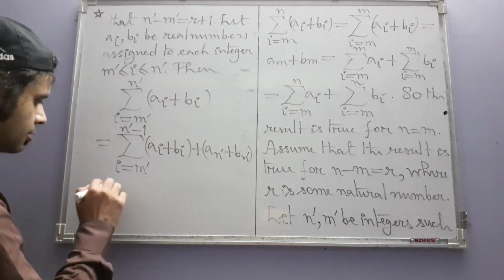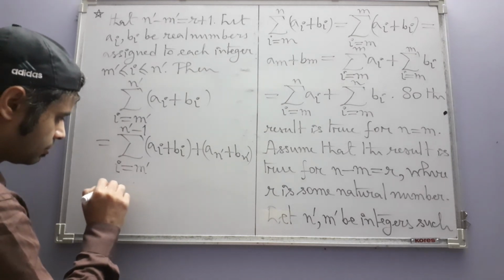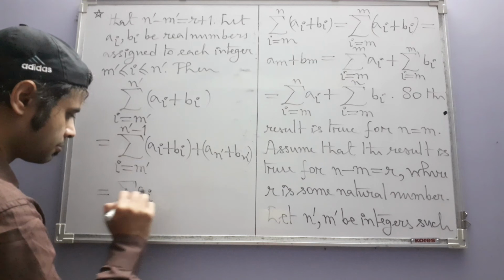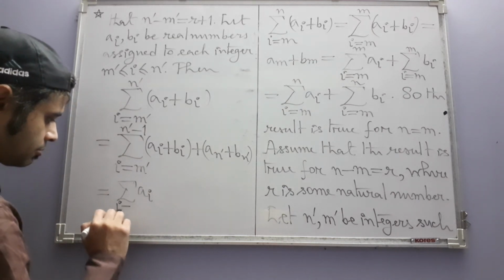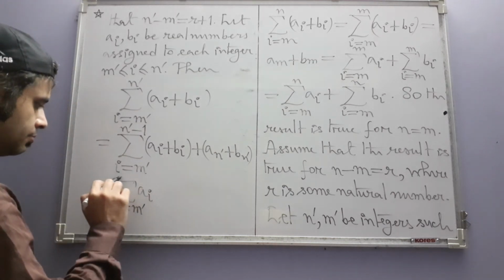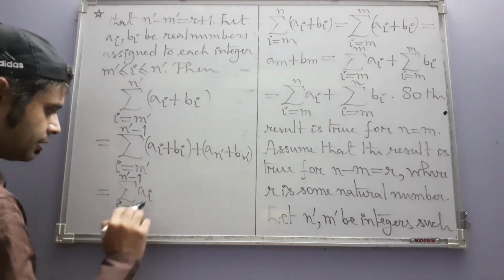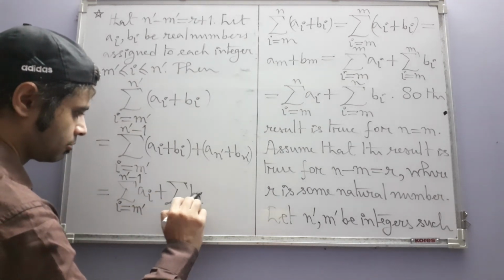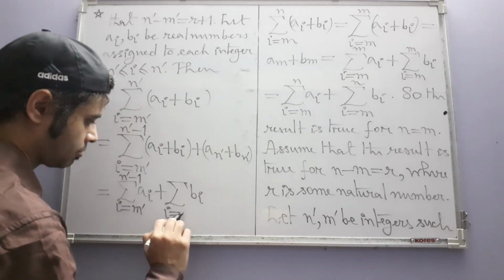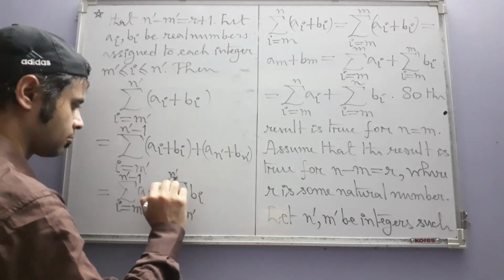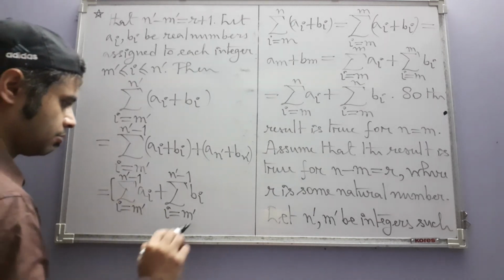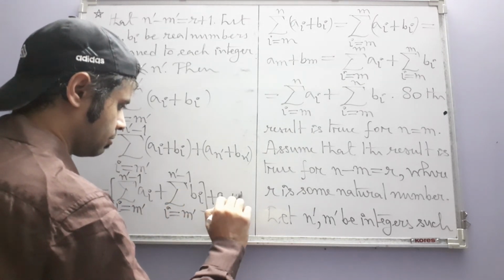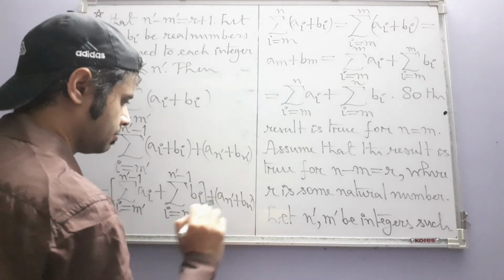So in that case also we have our statement, and that statement is this: the summation up to n prime minus 1 of a_i plus b_i, plus a_n prime plus b_n prime.